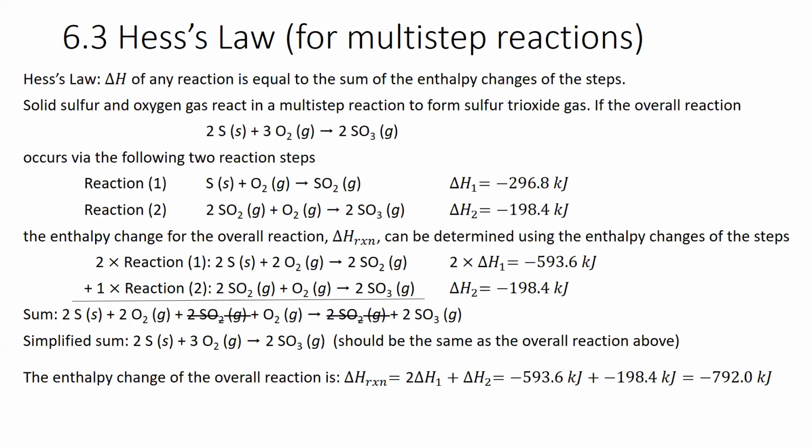And so before we dive a little bit deeper into this, we're going to bring up our first chemical equation here, reaction 1. We're going to take this reaction 1 and talk a little bit about it. So this sulfur solid plus O2 gas goes to form SO2 gas.